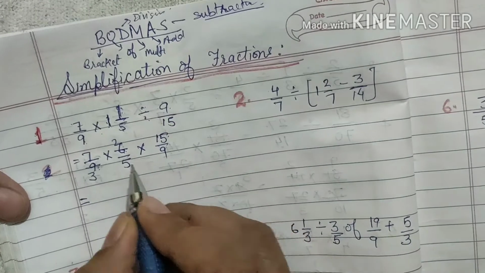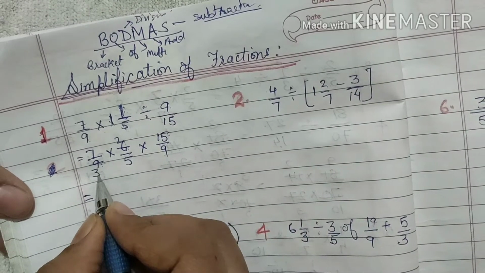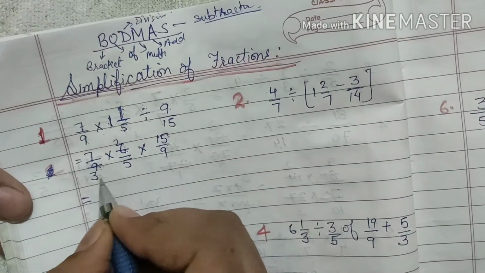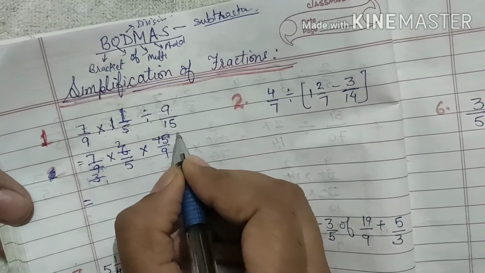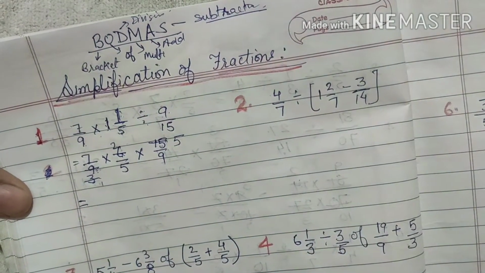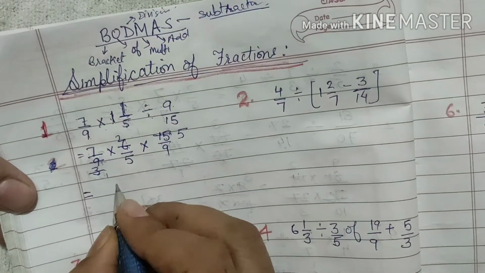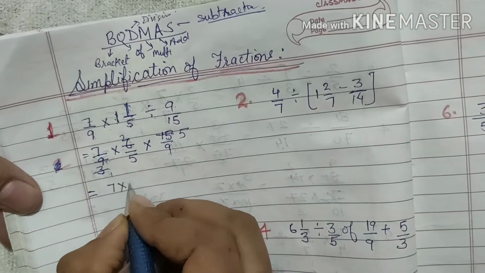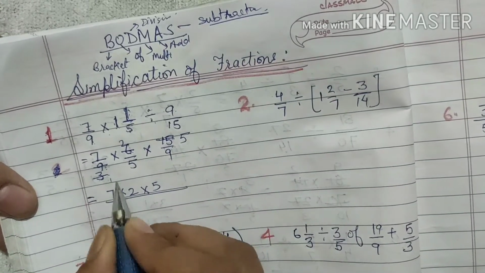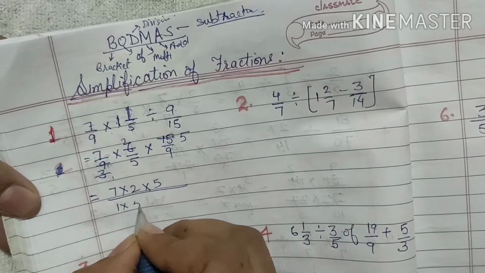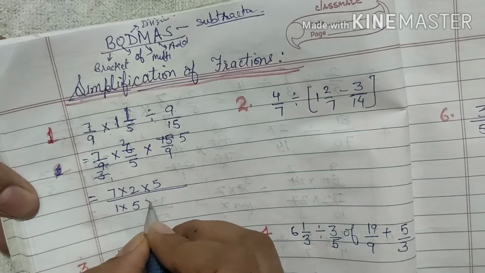Then again this 3, 15 can be cancelled with this 3. So 3 1s are 3, 3 5s are 15. So what are the numbers left? In the numerator 7, 2 and here 5, and in the denominator there is 1, there is 5 and there is 9.